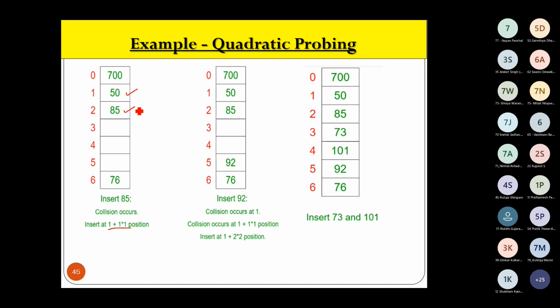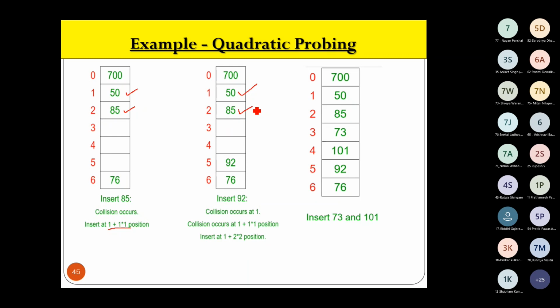Then for 92, what is the remainder? 92 mod 7, the remainder is 1. 1 plus 1 square is 2. Location 2, is it free? Initially location 1 is not free, collision has occurred. So we calculate the other address using probing. We got 2, and again 2 is not free. So we apply quadratic probing.